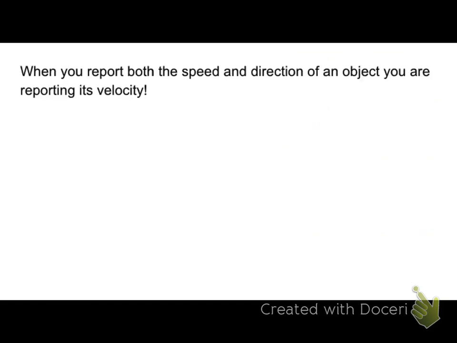All right. Last little piece of information here for you. When you report both the speed and the direction of an object, you are reporting its velocity. So there's our other agree-disagree statement. Speed and velocity are not two different names for the same thing, because if you are reporting velocity, you must report a direction.